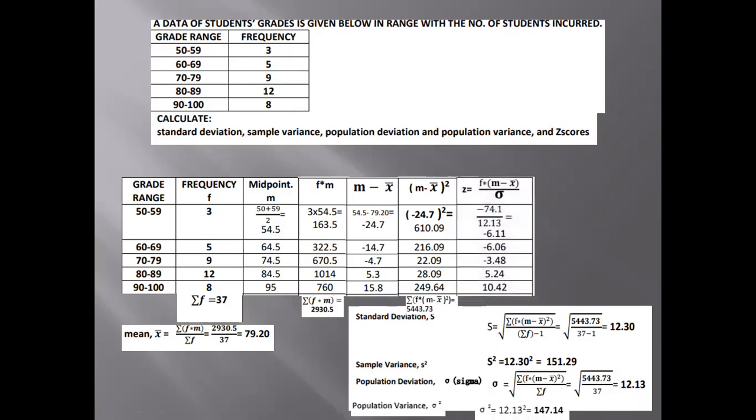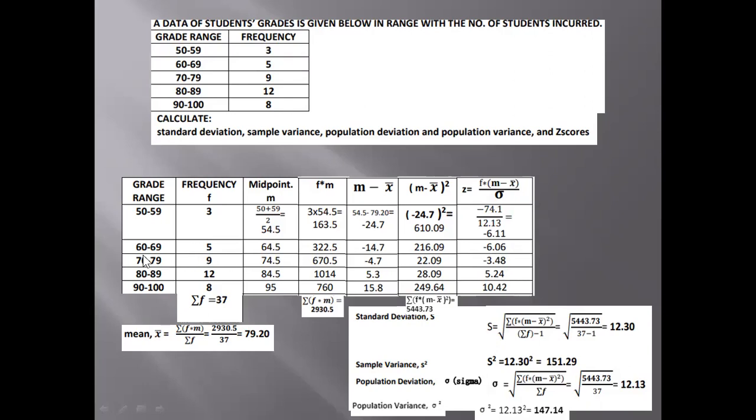The last thing to solve is the z-score of the corresponding ranges. To determine the z-score, we have the frequency multiplied with the quantity of midpoint minus mean, all over sigma. For the range of 50 to 59, the numerator is negative 74.1.